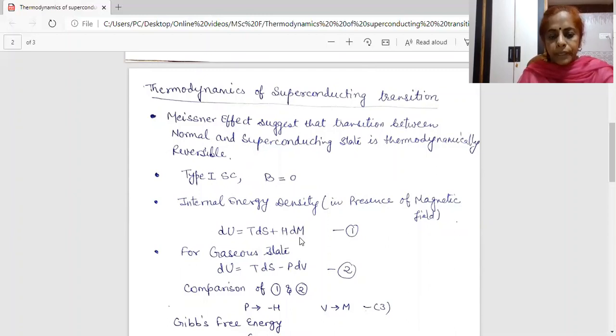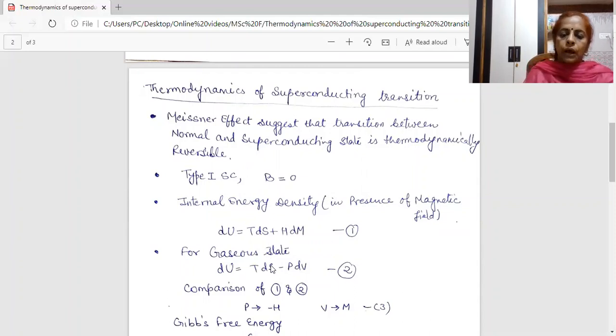Now I am comparing it with the gaseous state expression. In the gaseous state, we know that the internal energy density expression according to the second law of thermodynamics will be dU equals TdS minus PdV. Here P is the pressure, V is the volume, T the temperature, and S the same entropy as here.